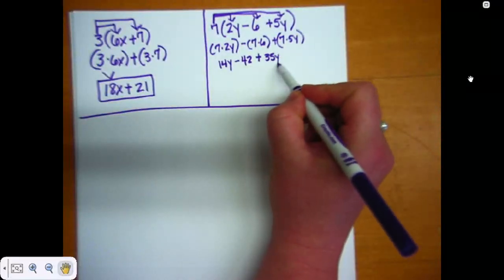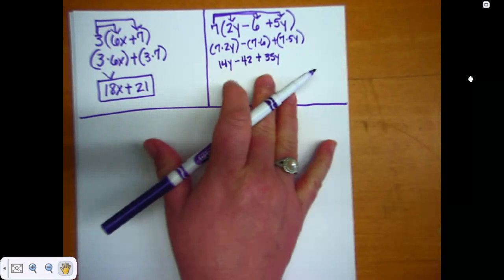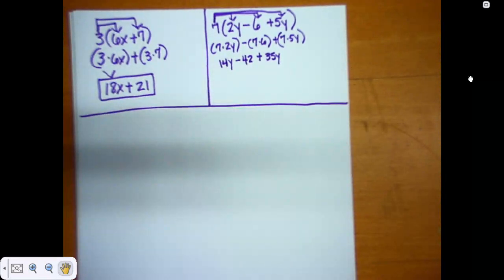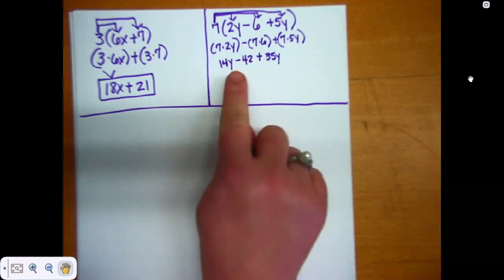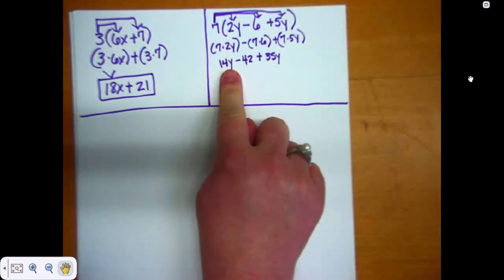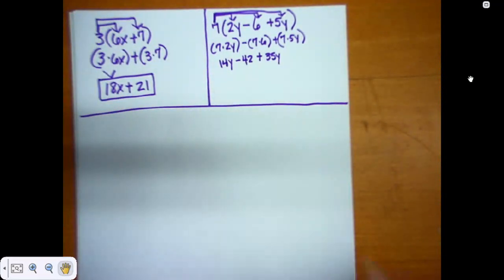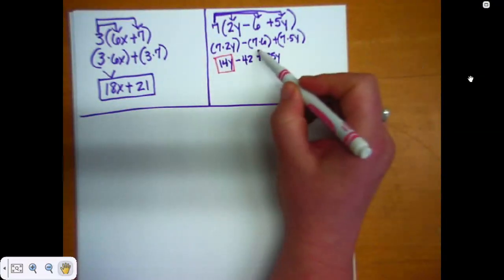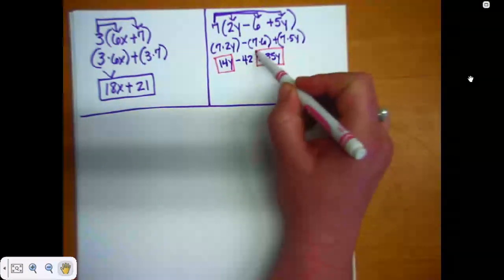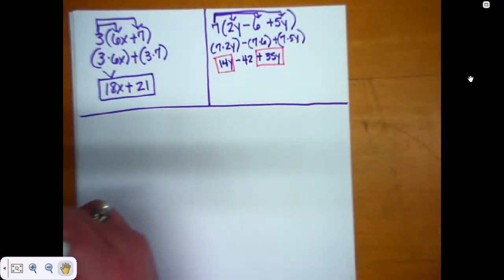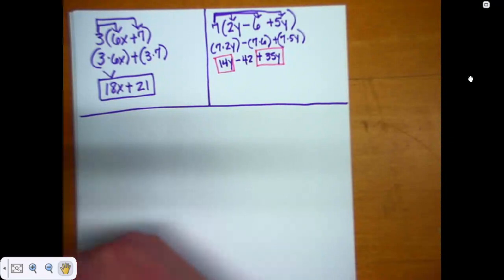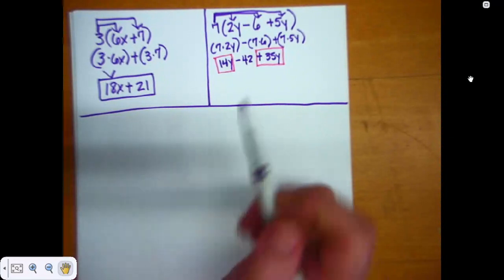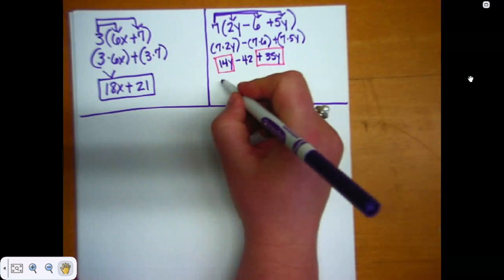Now I need to check. Do I have any like terms? I see that I do have like terms this time because I have two numbers with the variable y. So I see that this is a positive 14y and this is a positive 35y. And positive 14y and positive 35y have the same sign, so that means I'm going to add and I'm going to get 49y.